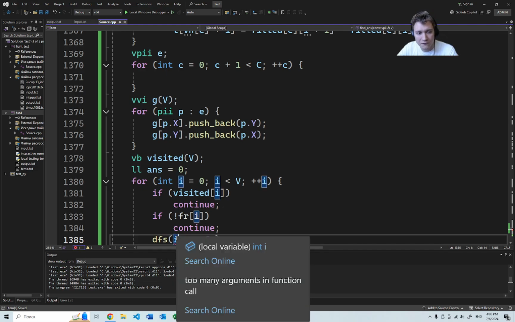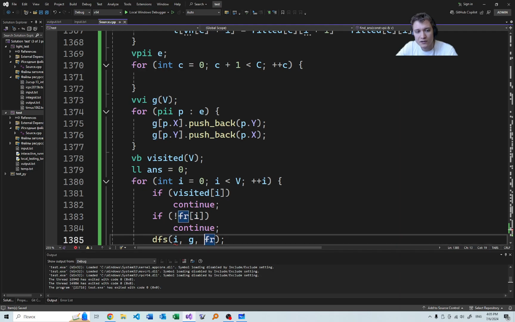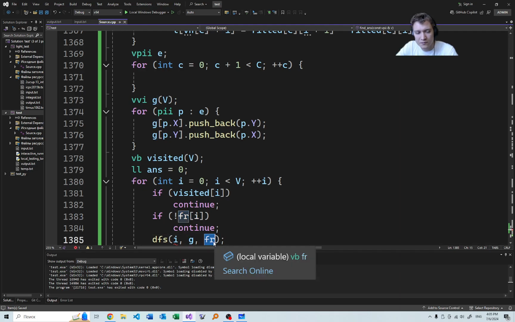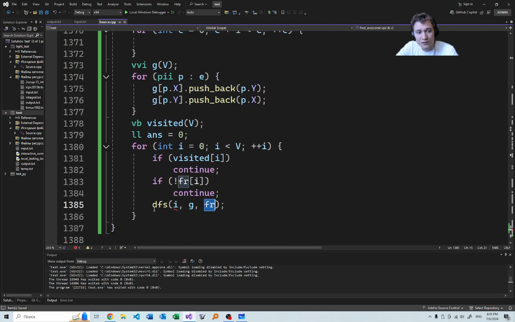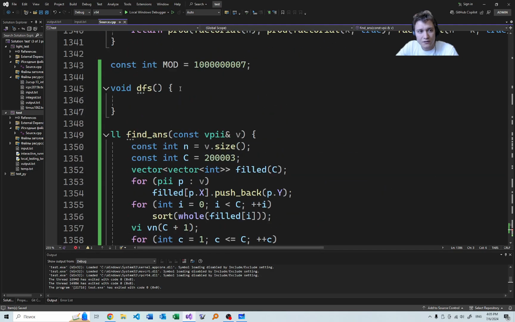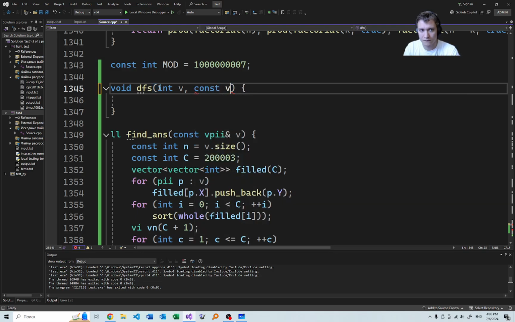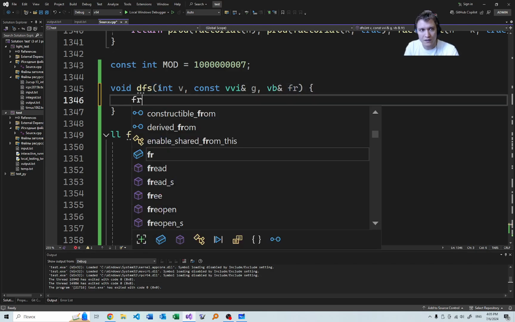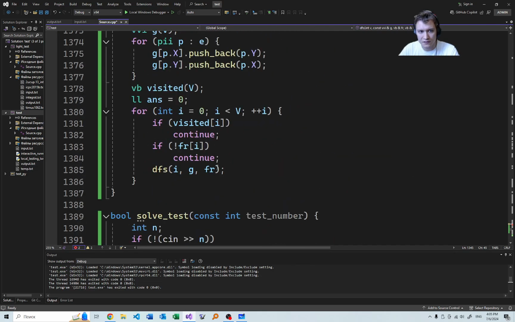Starting with a vertex, if this vertex is free, it propagates to all reachable vertices the fact that it is free. So how does it do it? Also I need visited.